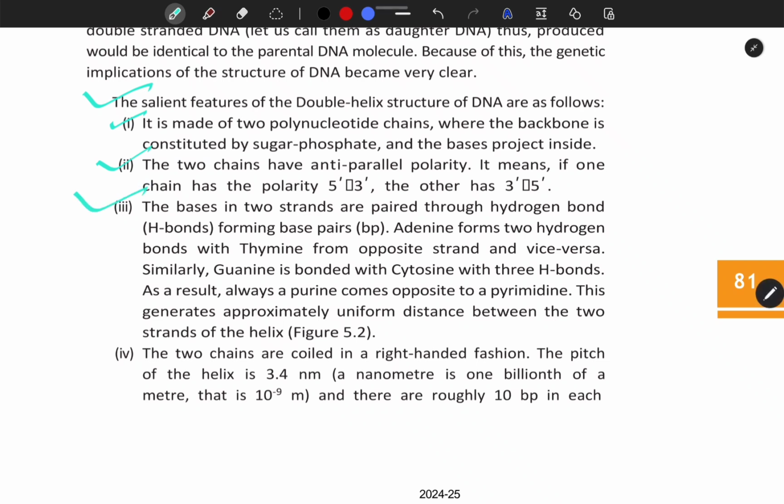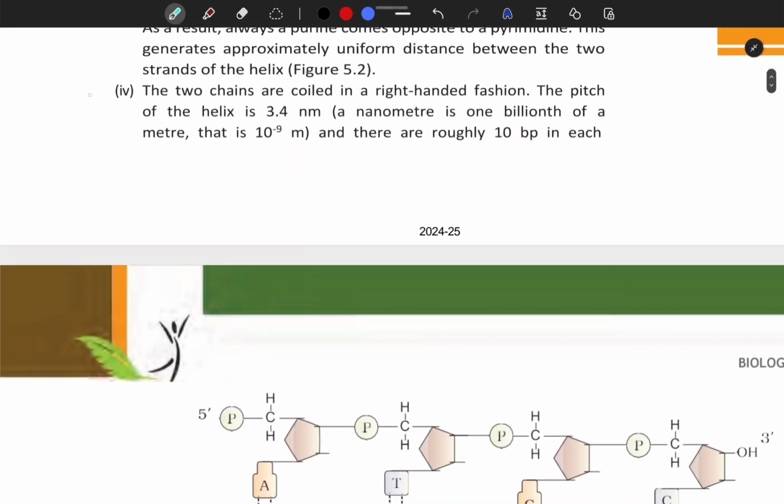Third, the bases in the two strands are paired through hydrogen bonds, that is H bonds, forming base pairs. Adenine forms two hydrogen bonds with thymine from the opposite strand and vice versa. Similarly, guanine is bonded with cytosine with three hydrogen bonds. As a result, always a purine comes opposite to a pyrimidine. This generates approximately uniform distance between the two strands of the helix, as shown in figure 5.2.